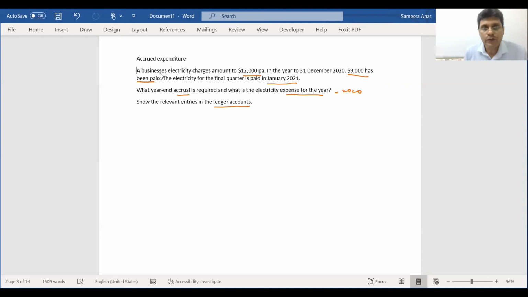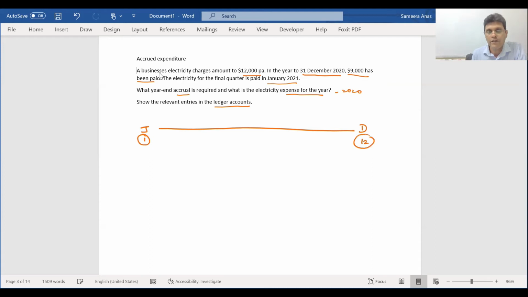Okay. Now, if you take this example, their financial year ends on 31st December 2020. So when you take the financial year, it will start from January to December, which is a 12 month period. Now, the business's electricity charges for the 12 month period is 12,000.